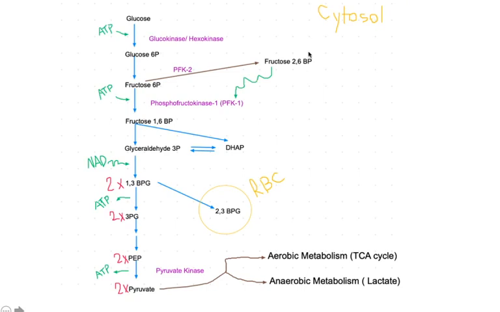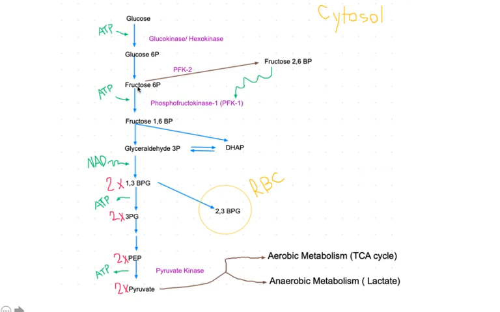Then fructose 2,6-bisphosphate enhances the activity of PFK1. Insulin and glucagon act in this step right here. Insulin induces PFK2 and glucagon inhibits it. So indirectly, insulin enhances glycolysis and glucagon inhibits it. So let's jump back to the cycle.